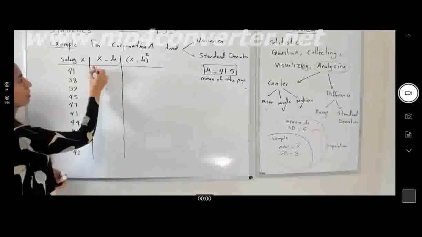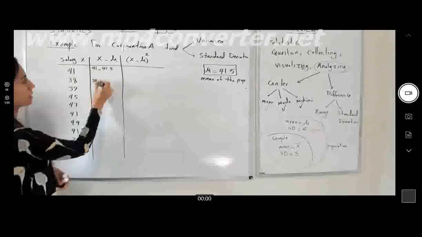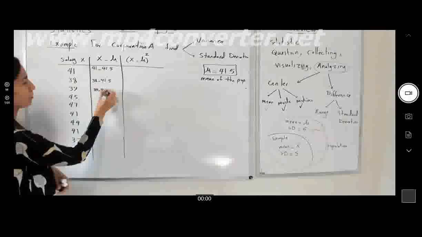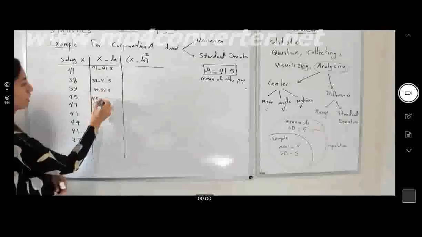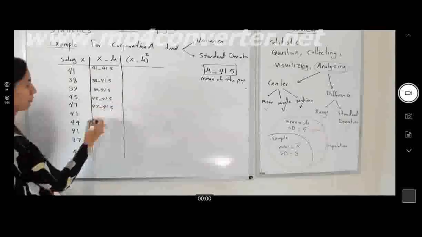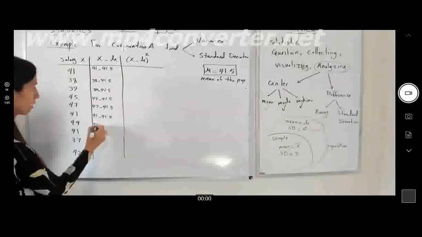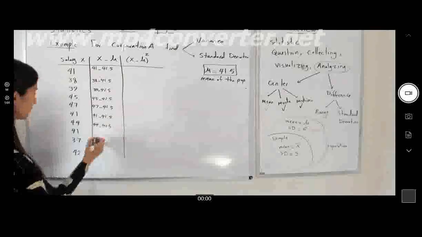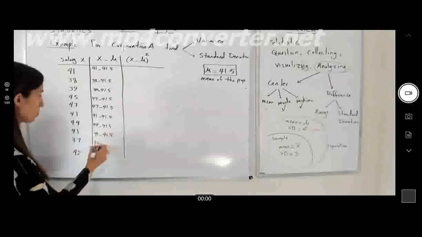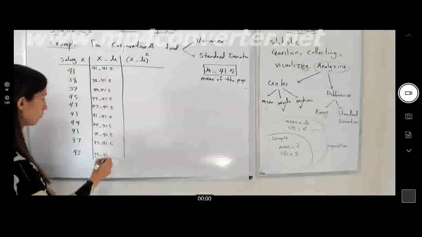So 41 minus 41.5, 38 minus 41.5, then 39 minus 41.5, then 45 minus 41.5, 47 minus 41.5, 41 minus 41.5, 44 minus 41.5, 41 minus 41.5, 37 minus 41.5, and 42 minus 41.5.